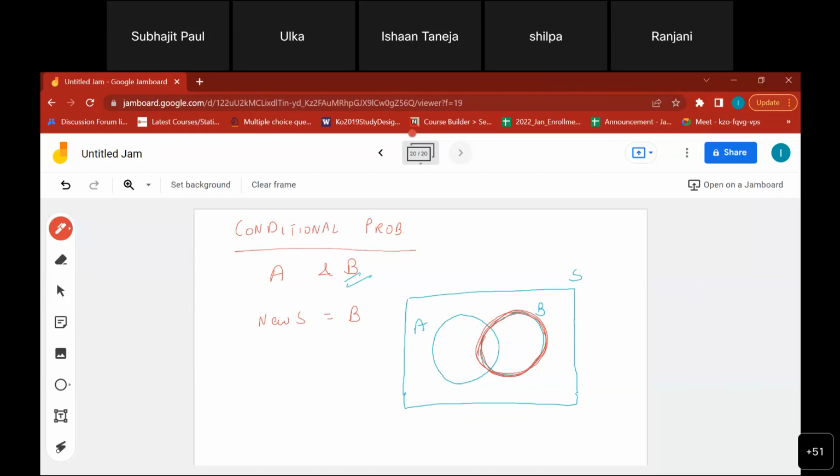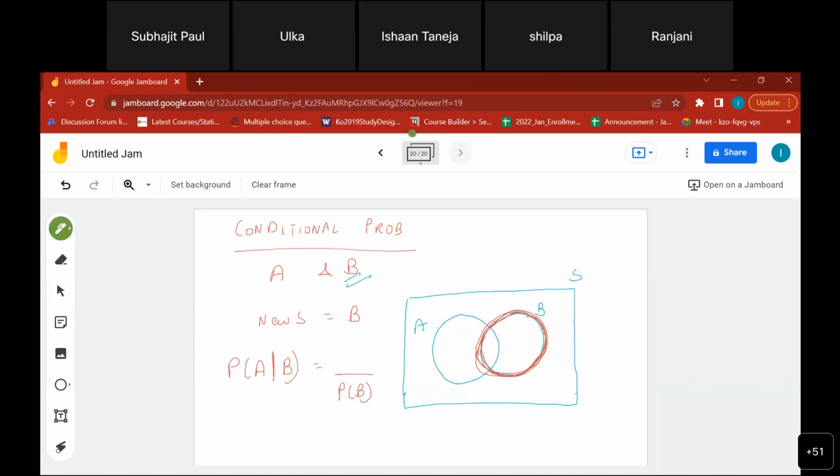Then what is the probability of happening of event A given event B has occurred? See, now your total outcome is the complete sample space, which is event B, right? This is your new sample space.